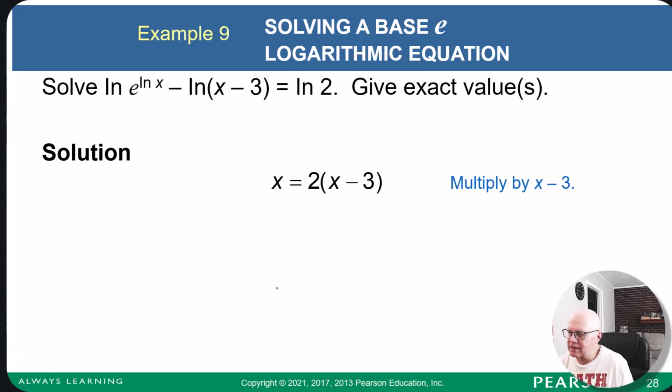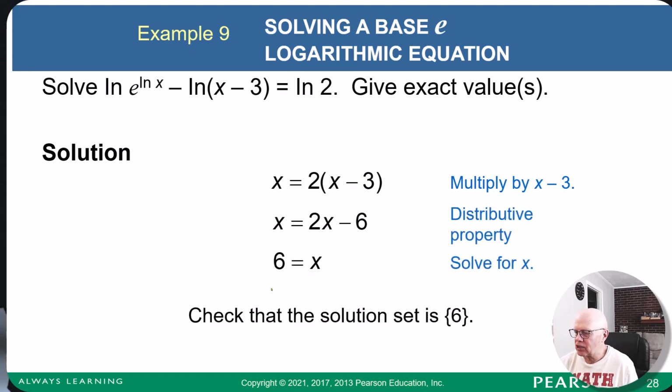Multiply both sides by that denominator. Quick check, and make sure the 6 works, of course. 6 will work in here because it's a positive number. 6 will work in here because that makes x minus 3 positive as well. We're in good shape. There's our solution set.